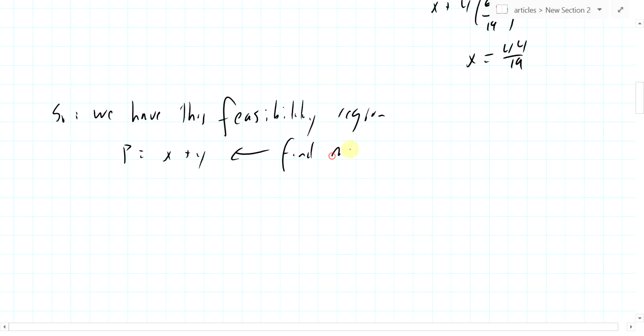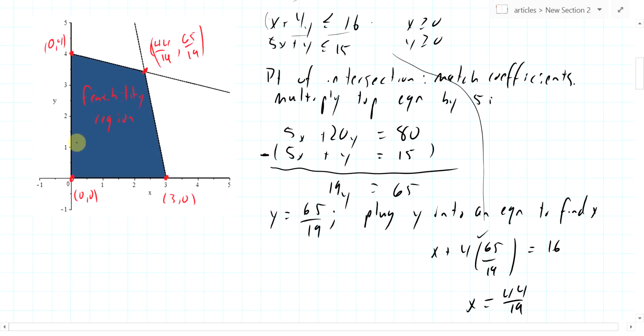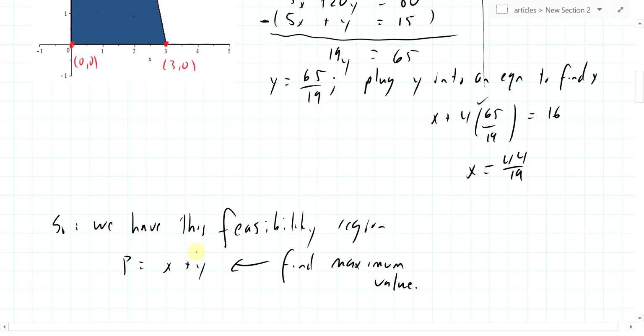Find the maximum value. So what's the maximum of x plus y over this region, right? So if I pick any particular point, like that point, that's 1, 1, that would give me a profit of 2, because x plus y is 2. If I pick the point x equals 2, y equals 1, then that profit would be 2 plus 1, that's 3. So I can make at least 3.